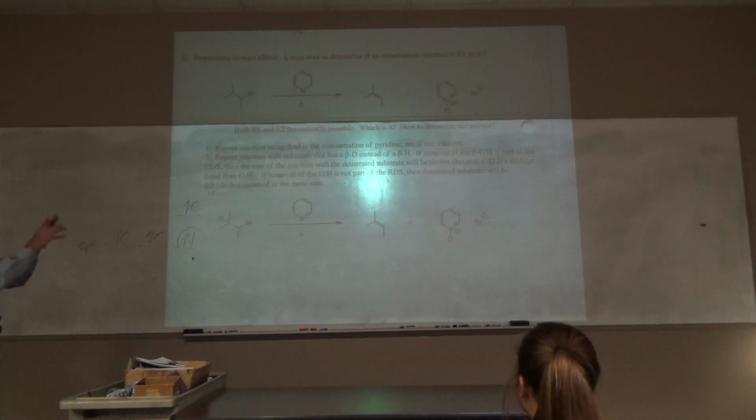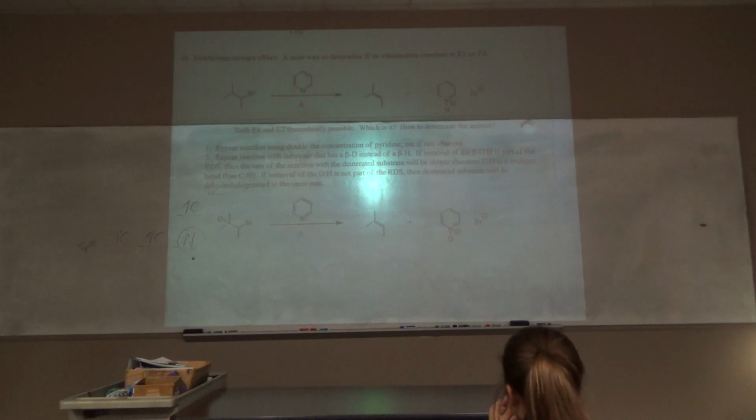Okay, first off, before we do deuterium isotope effect, what way do you already know to tell if the mechanism is E1 or E2? You know rate experiments. How could you do a rate experiment to tell if it's E1 or E2?